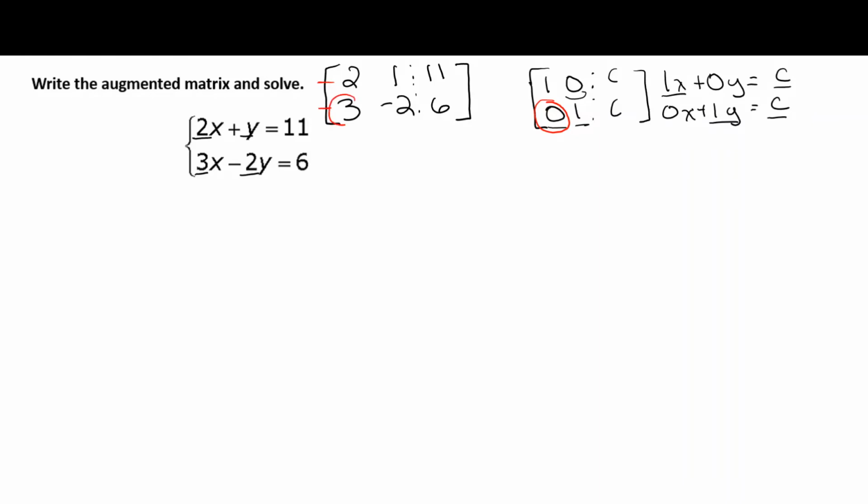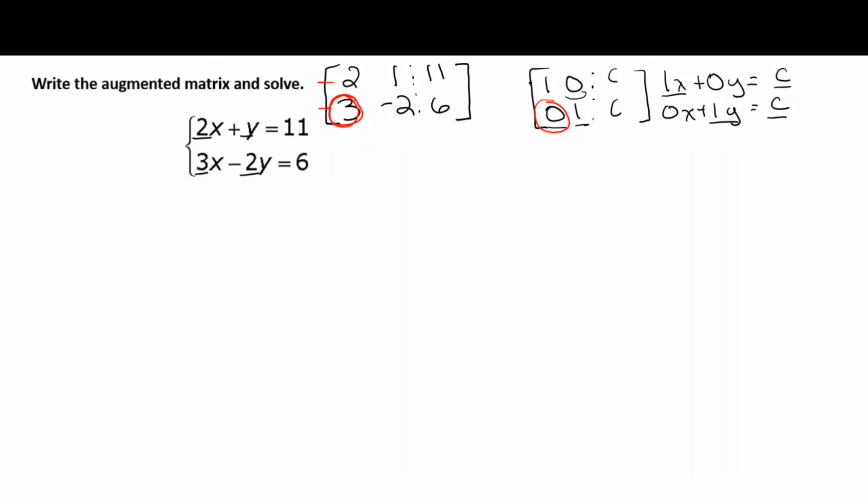Since I want to get rid of this position right here, I need to think of a number where I could add these two together and they would eliminate this 3, and it would end up being 0. So I look at this and I think 6. If I have a positive 6 and a negative 6 and add those together, then I'm going to get 0.